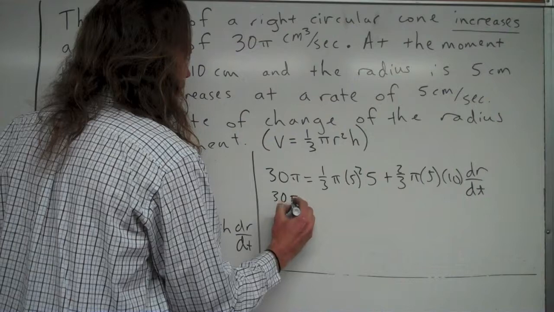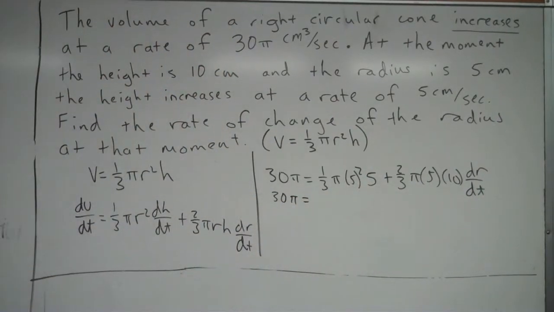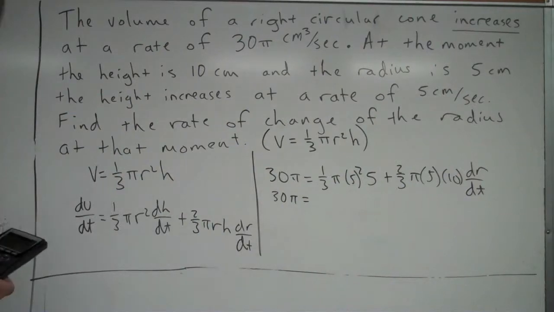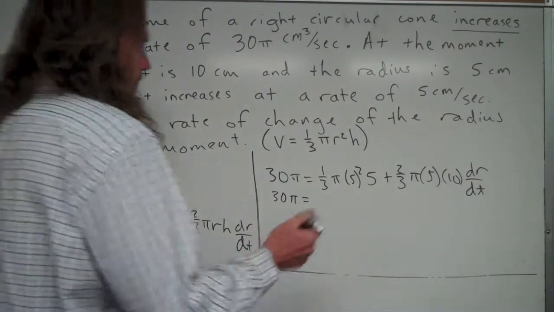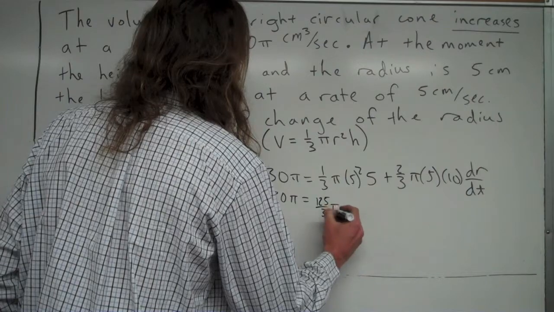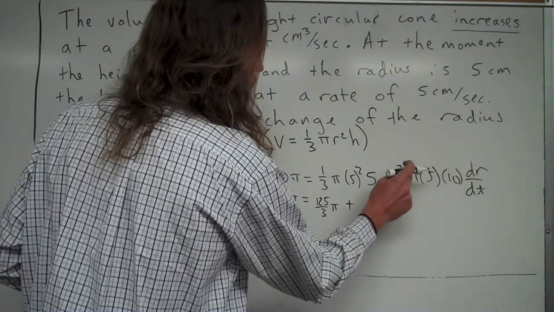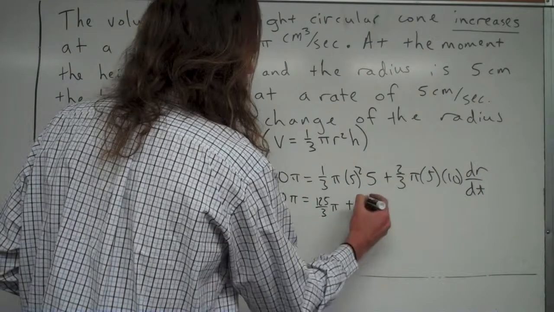So it's 30 pi is equal to, if I simplify that right there, I'm just going to use my calculator. I've got 25 times 5 divided by 3, and that's 125 thirds. It doesn't simplify. 125 over 3 times pi, plus, when I simplify that, it's 100 over 3.